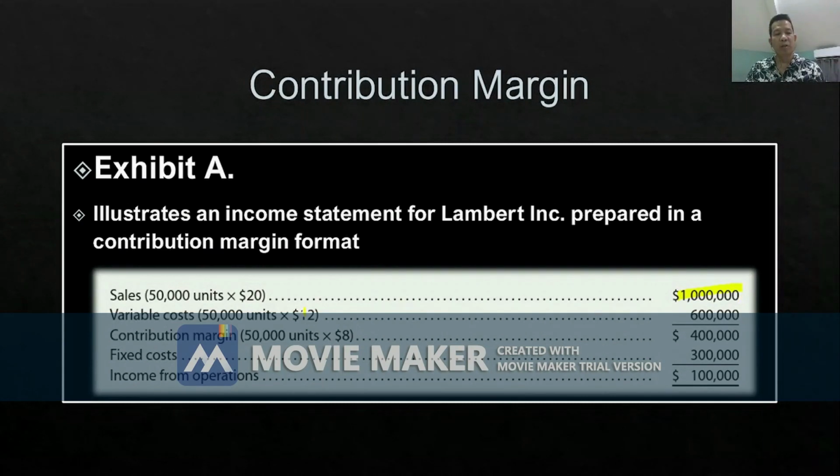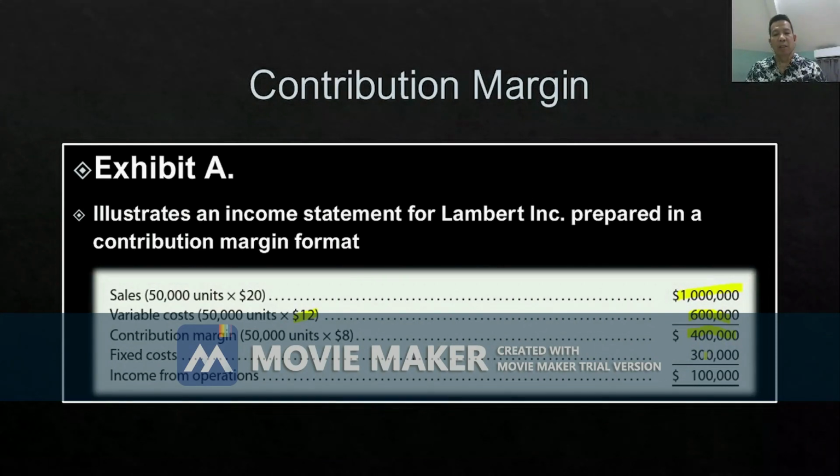Lambert also has the variable cost of $12 multiplied by 50,000 units, so Lambert has $600,000. Since the formula of the contribution margin is sales minus the variable cost, Lambert's contribution margin is $400,000.